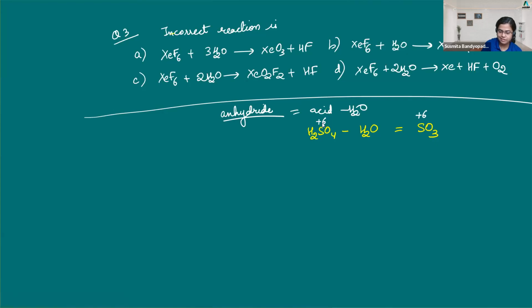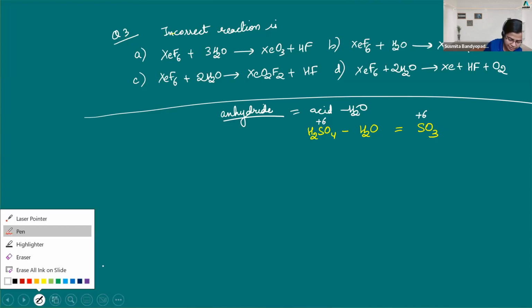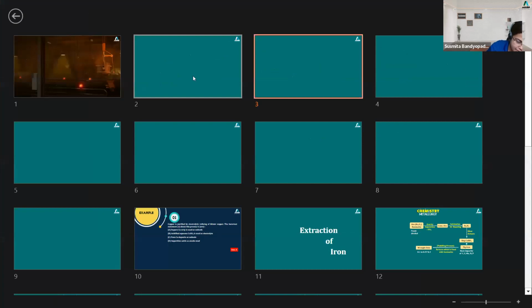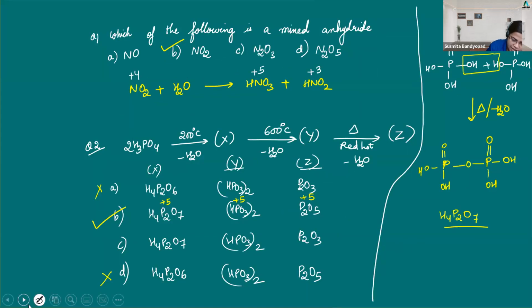Number one. Number two, when you add water to N2O5, you get HNO3. This is plus 5 and this is plus 5 as well. So the anhydride and the acid will have the same oxidation number of the central atom.